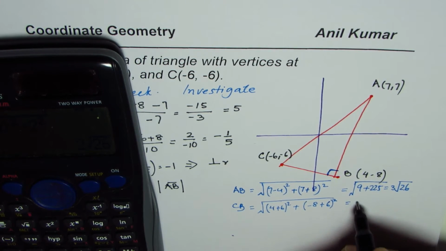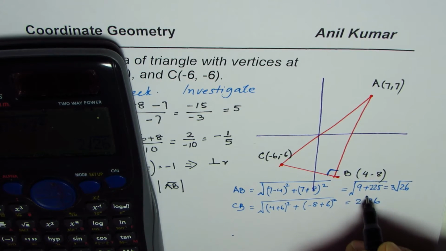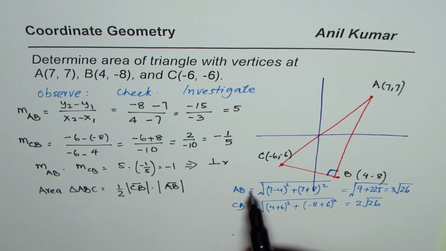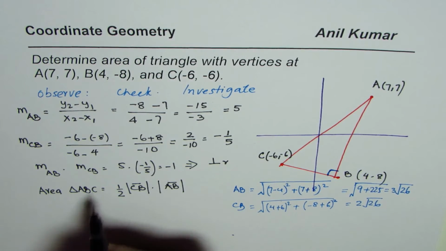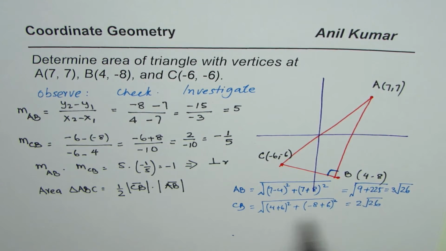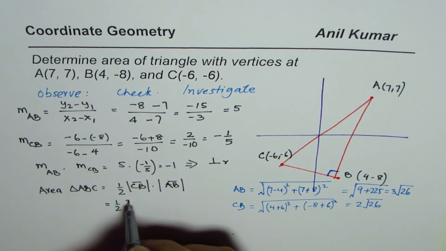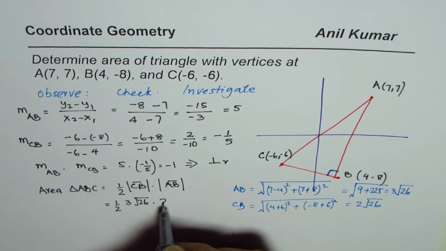It is 2 square root 26. So that is AB and CB. Therefore, we can now substitute these values and find the area, which is half of 3 square root 26 times 2 square root 26.